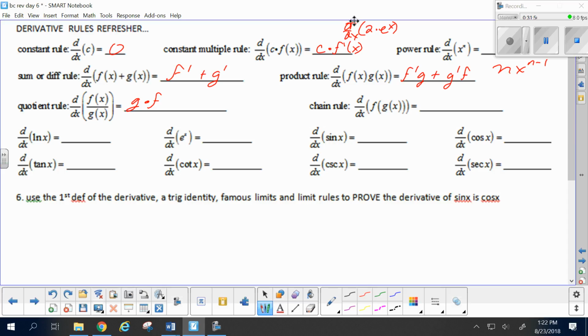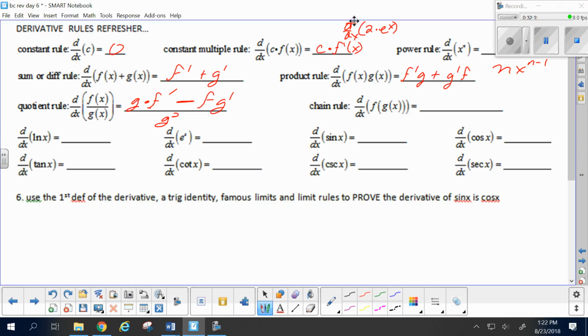And she says over low, yeah? Me, I was taught low d high minus high d low over the square of what's below. What else? Low d high minus high f d low, g prime, over the square of what's below, which is g squared. Okay?